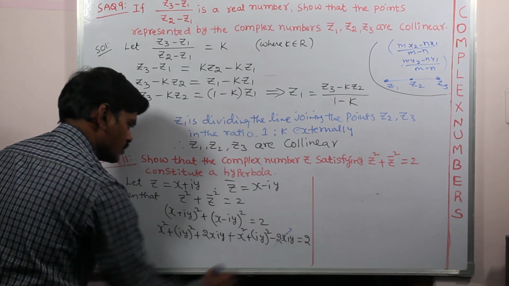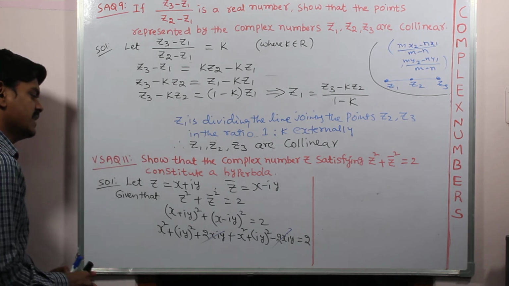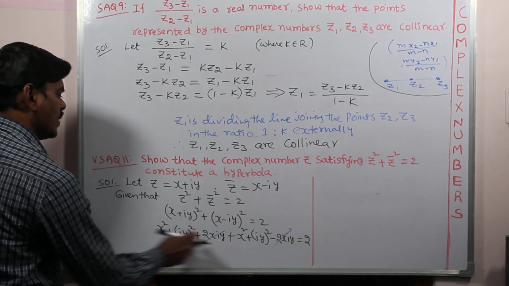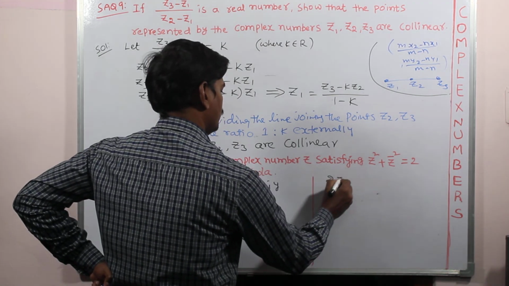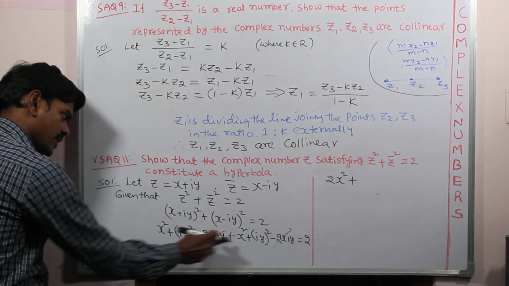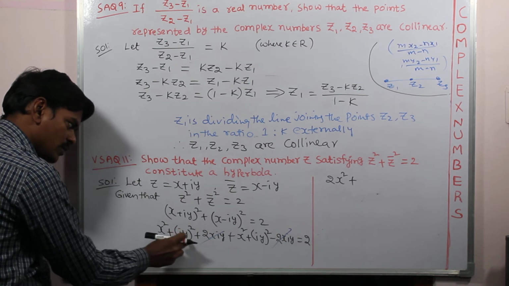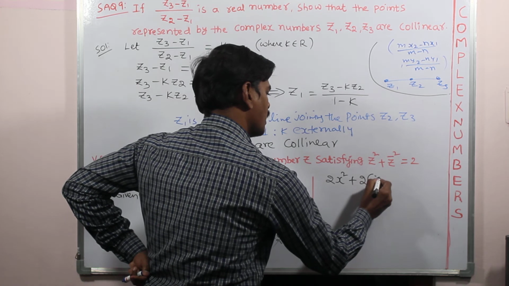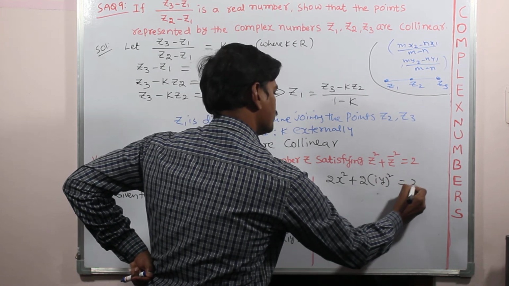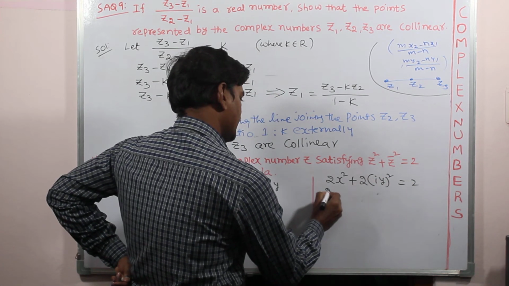Now minus 2x iota y plus 2x iota y gets cancelled. X square plus x square, 2x square, plus iota y whole square we have two times, 2 into iota y whole square, that equals 2. So we can take 2 common.